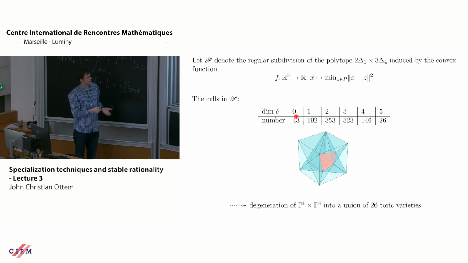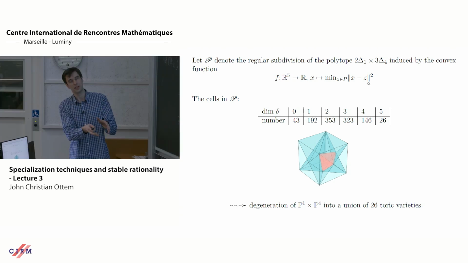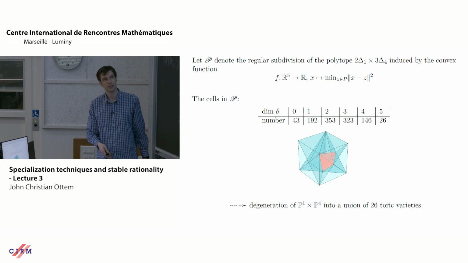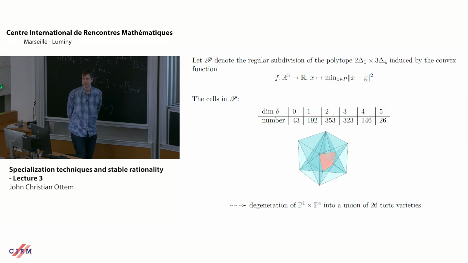What we get is a bunch of toric varieties. So we have 26 polytopes in this subdivision. And one just checks that, by construction, our smaller polytope lies inside here, somewhere in the strata. And we just check that the other polytopes that we end up with are all of lattice width 1.